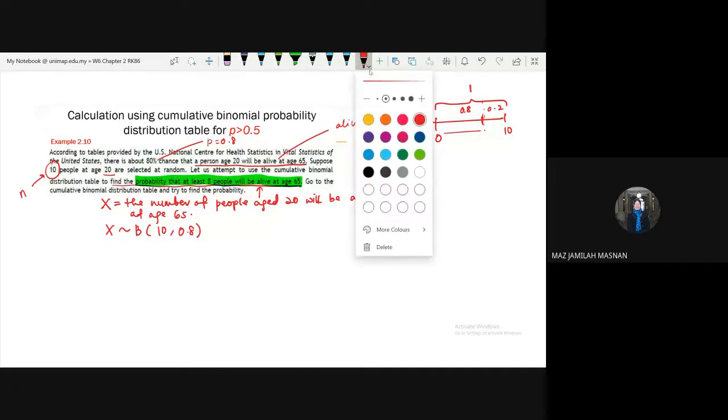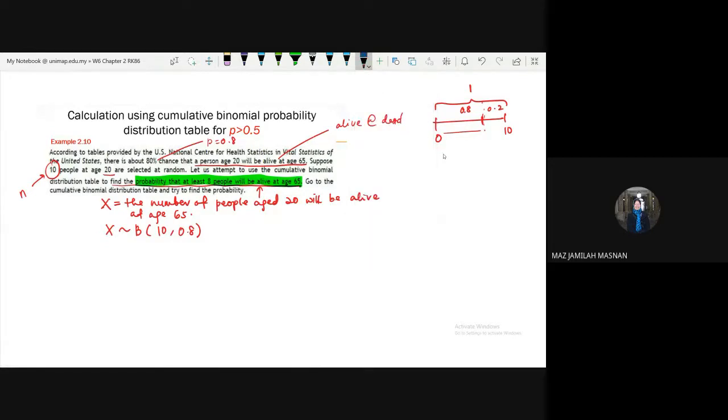In order for you to transform that, it's almost the same. Just to give you a clearer picture, instead of x, we transform that into y. So y is still binomially distributed.